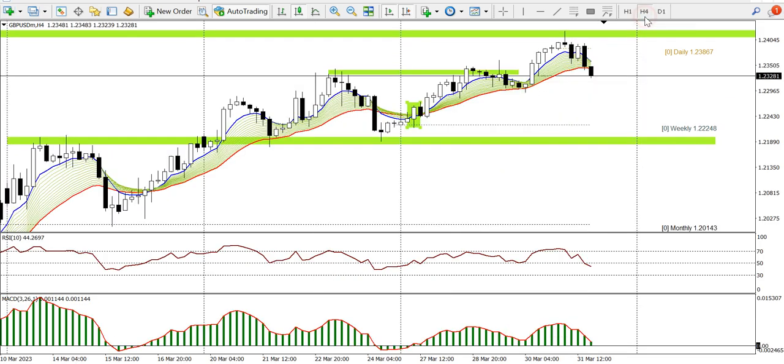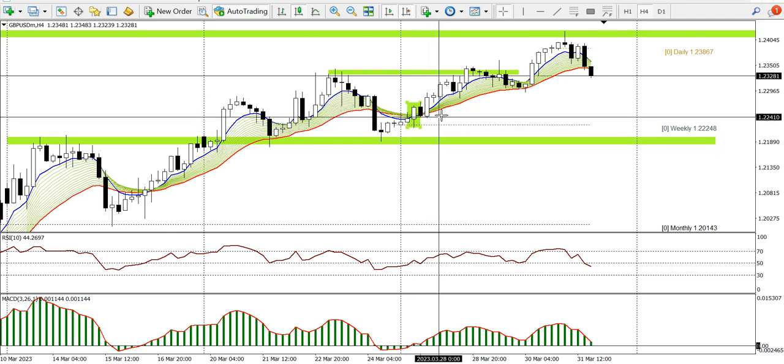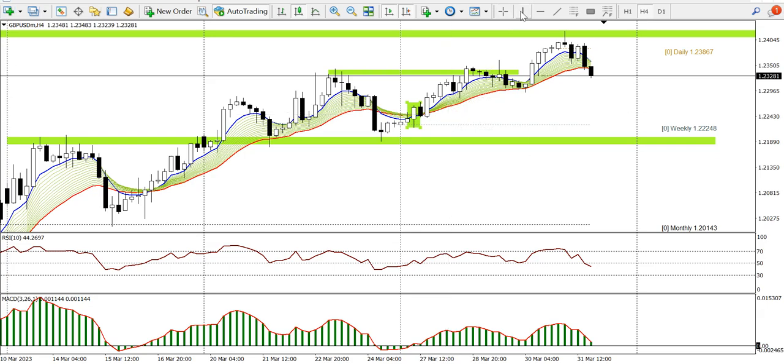Okay, that was our general understanding. And in the 4-hour chart, we are seeing that price probably started to move sideways. We don't know yet, but we have seen around 4 candles price moved higher.